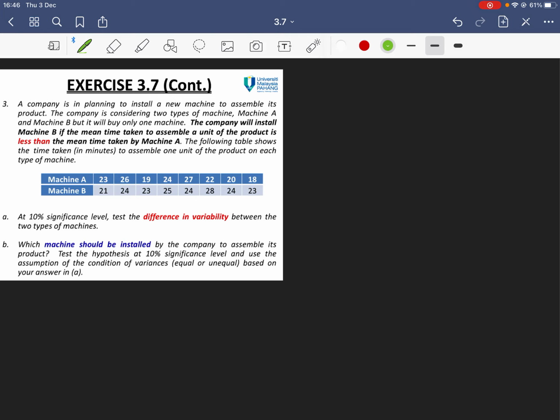The company will install machine B if the mean time taken to assemble a unit of the product is less than the mean time taken by machine A. The following table shows the time taken by machine A and machine B. A. At 10% significance level, alpha 0.1, test the difference in variability. So when we talk about variability, you have to test sigma square machine A not equal to sigma square machine B. So test this one first.